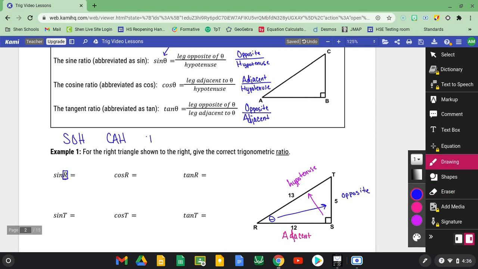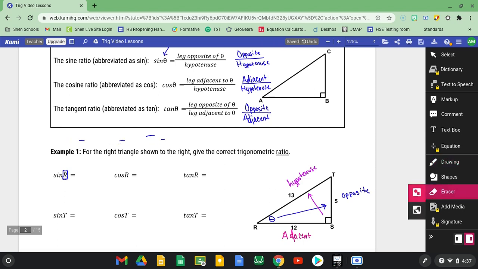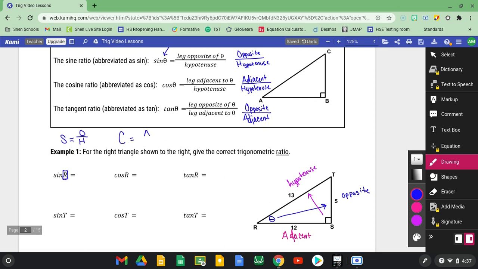Now I'm going to look up here, and it says that sine is the ratio of the opposite side over the hypotenuse. Another thing that we write when we talk about this is SOH CAH TOA. I usually write it like that.